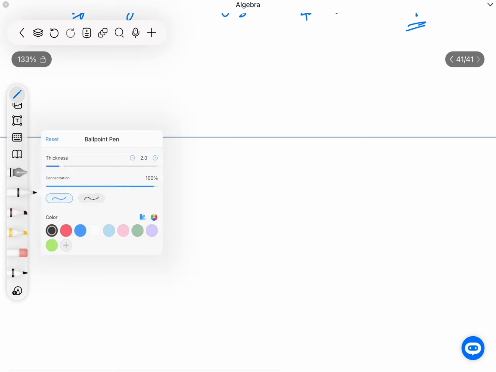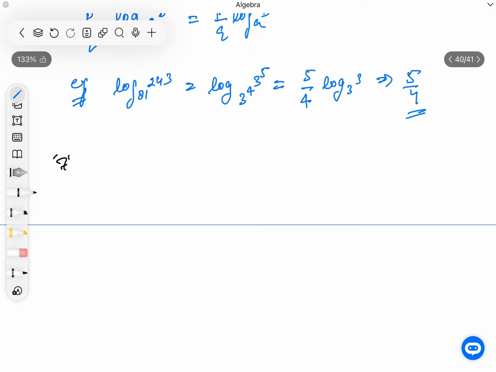Let's see another property. Let's say you have a to the power log of c with the base of b. Now in such a situation, when this whole log is in the power of a, you could actually replace a and c.